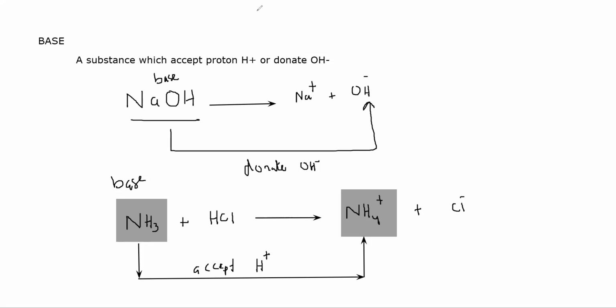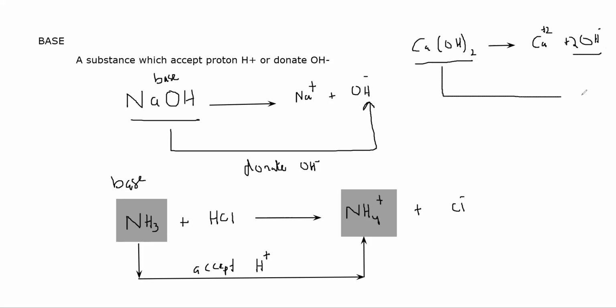In the same way, if I write CaOH and it dissociates partially into Ca plus 2 and hydroxide ions, 2 hydroxide ions. You can see first it is calcium hydroxide, but it gives 2 hydroxide ions. If a substance gives or donates hydroxide ion, what do we call that substance? We call that substance a base.